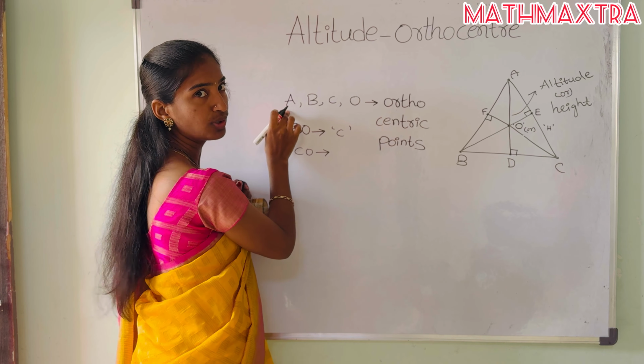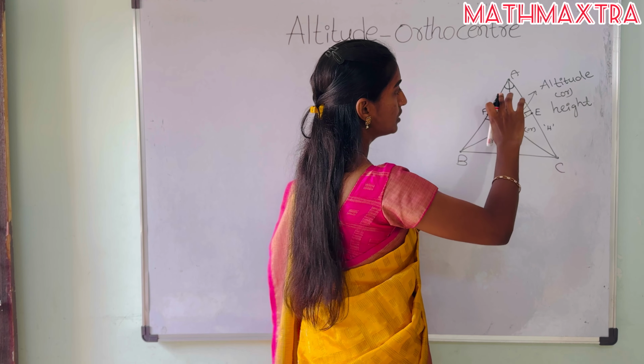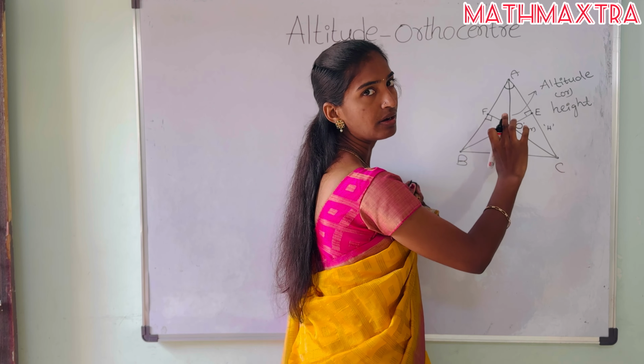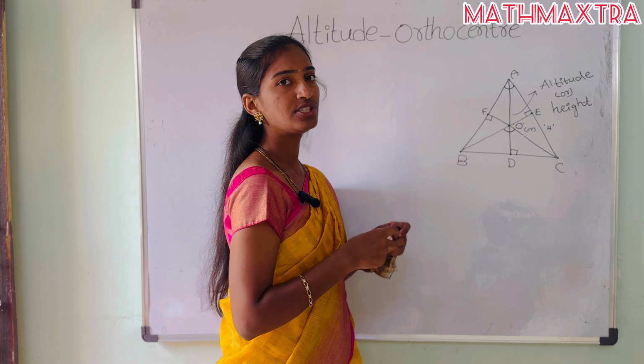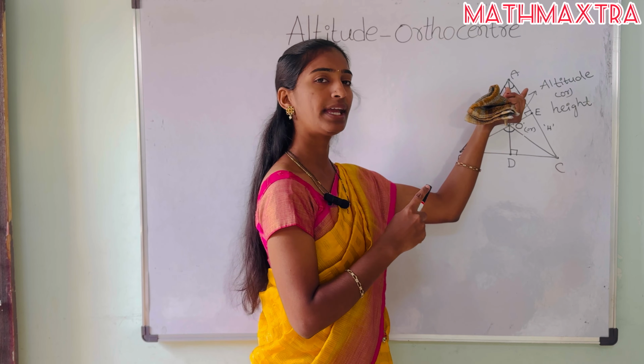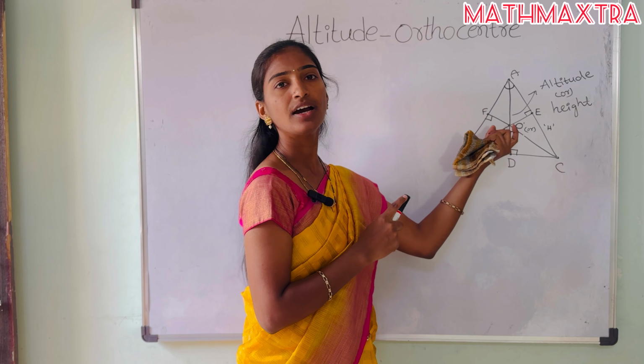This is the side opposite to the vertical angle, and this is the angle subtended by this side at the orthocenter. These two angles are always supplementary to each other.